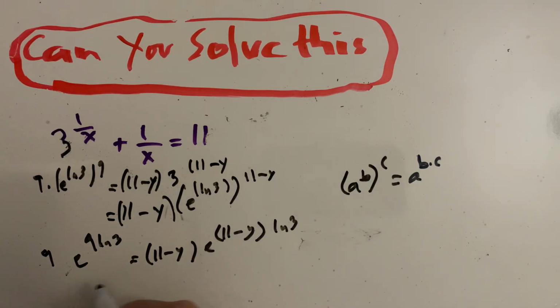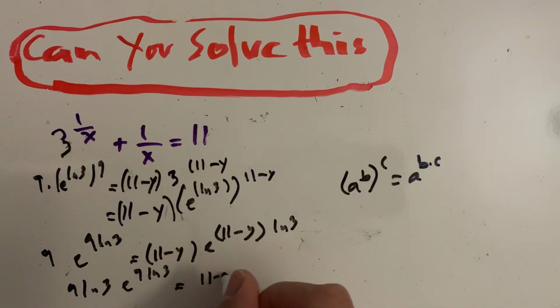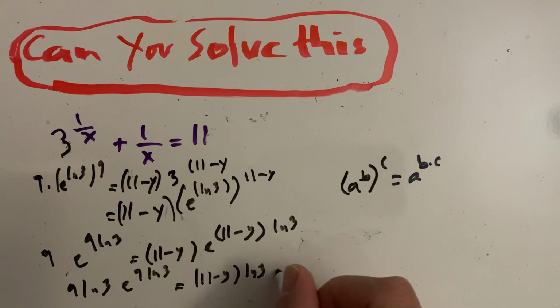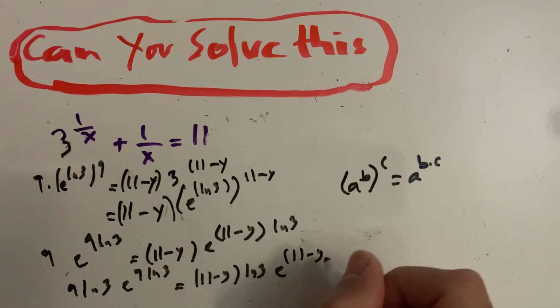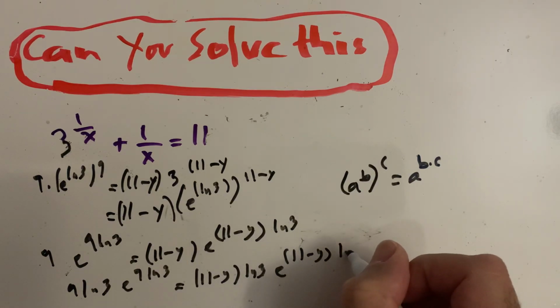So we multiply by log 3 on both sides, and we get 9 log 3 exponential 9 log 3 is equal to 11 minus y log 3 exponential 11 minus y log 3.